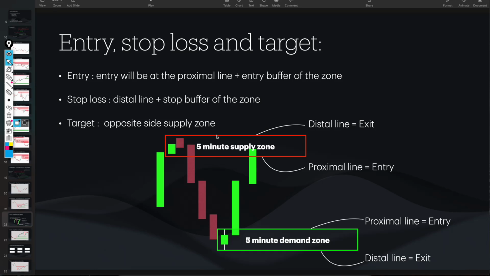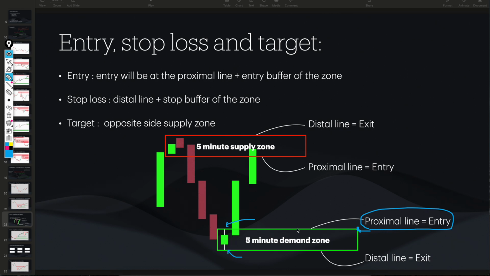So first let's make it clear that each zone has two components. One component is my proximal line, which is the topmost line of the box or the demand zone you have created, and this zone should be created in such a way that it touches the top of the wick and the bottom of the wick of the base candle.